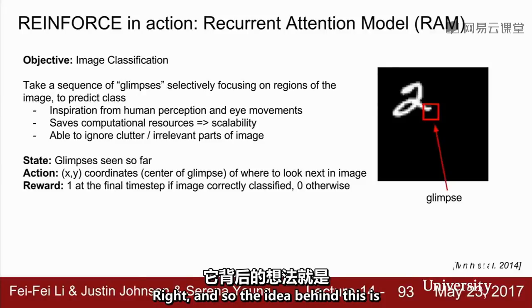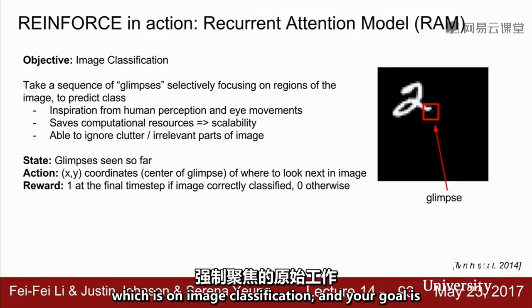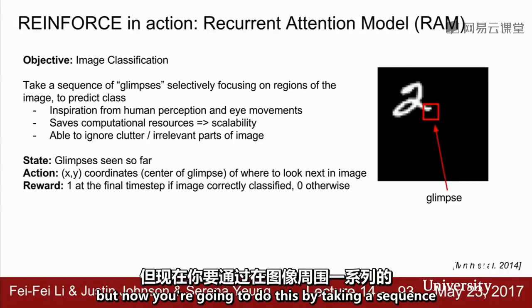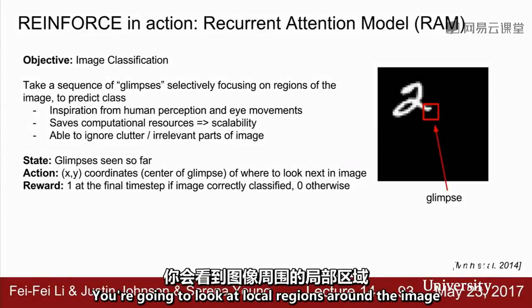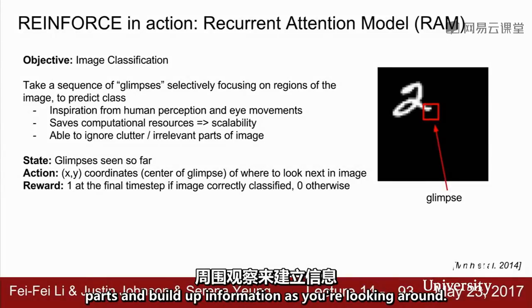The original work on hard attention is on image classification. Your goal is still to predict the image class, but now you're going to do this by taking a sequence of glimpses around the image. You're going to look at local regions around an image, selectively focus on these parts, and build up information as you're looking around.